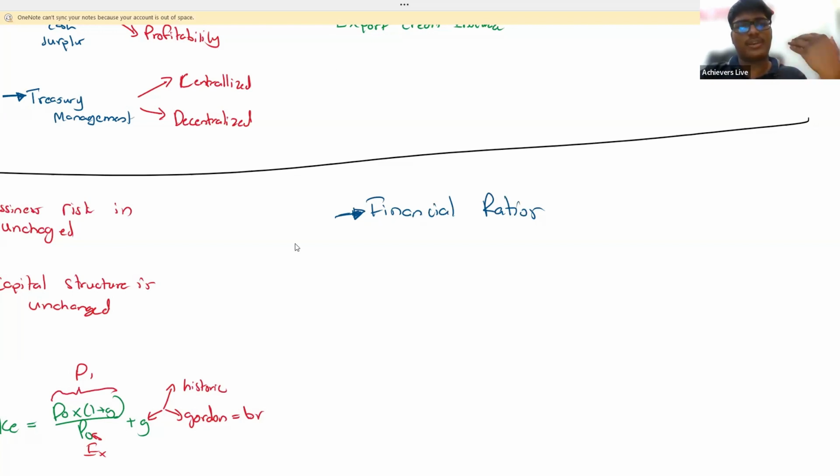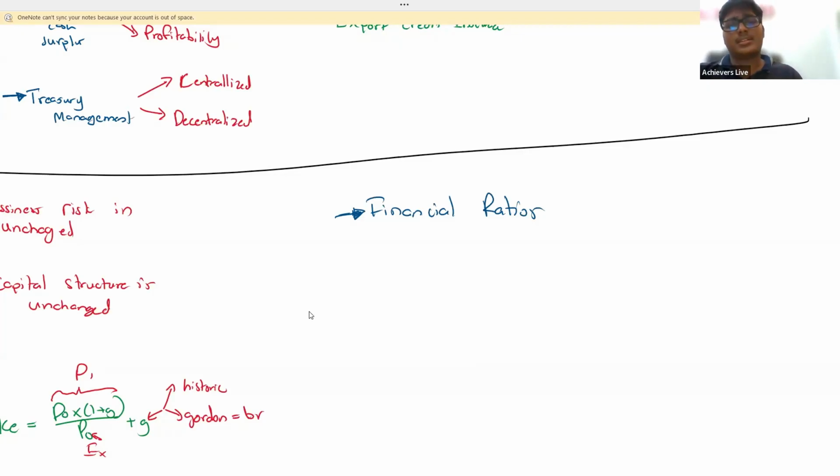I'll just repeat the ratios which we studied. We looked at interest cover, interest yield, dividend per share, dividend cover, dividend yield, EPS, and PE ratio. These were the ratios which we studied.